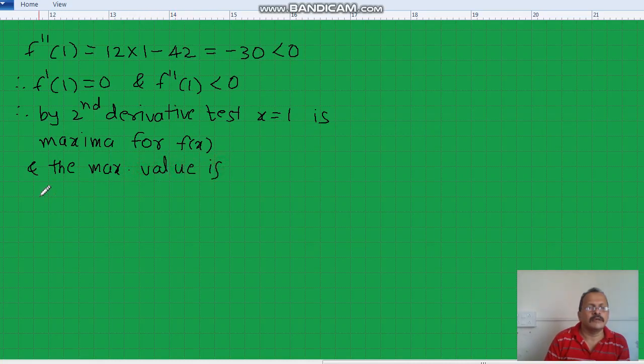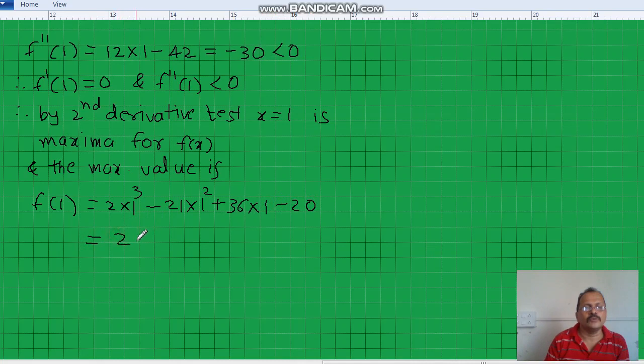is f(1) equal to 2 into 1 cube minus 21 into 1 square plus 36 into 1 minus 20, equal to 2 minus 21 plus 36 minus 20, equal to 38 minus 41, minus 3 is the maximum value of this function.